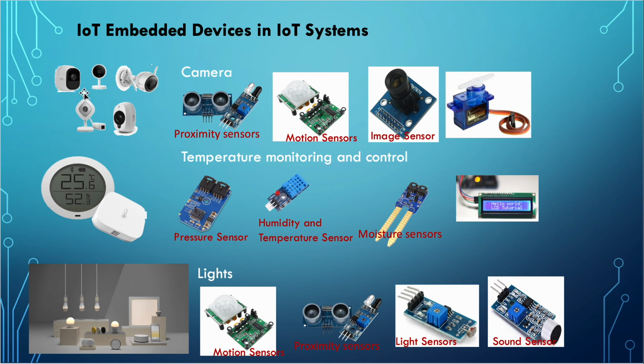And for the movement of the camera itself, if you take security cameras you will see that you can manually move the camera if you want, or there will be devices which will detect motion and turn the camera towards it.